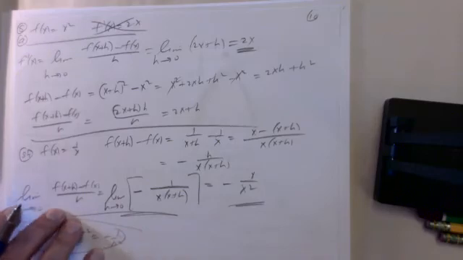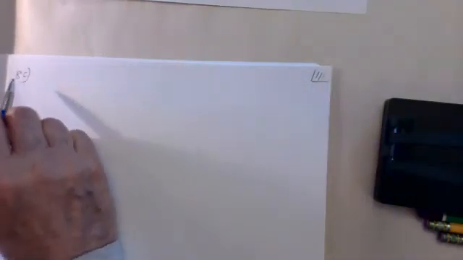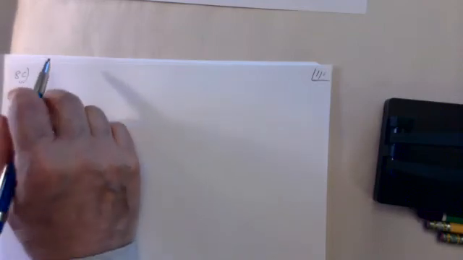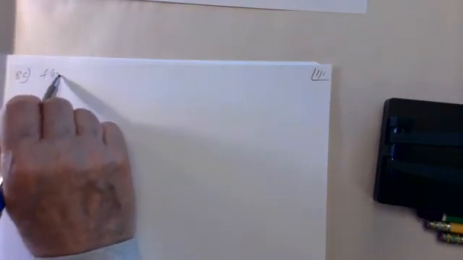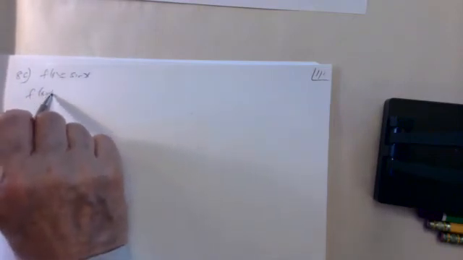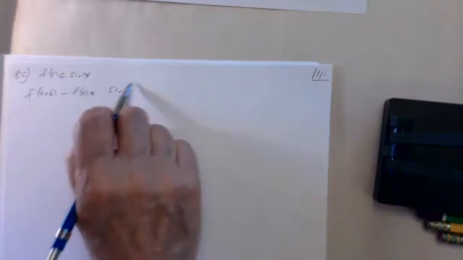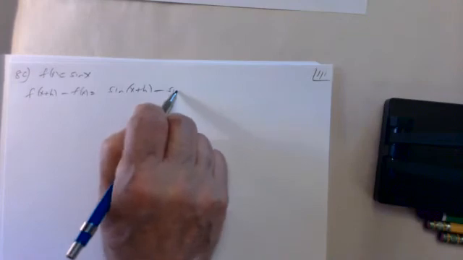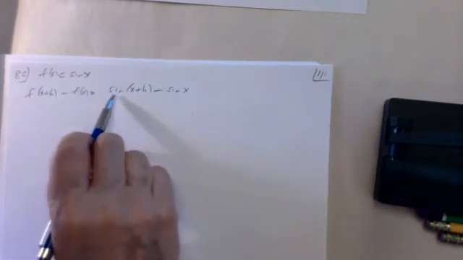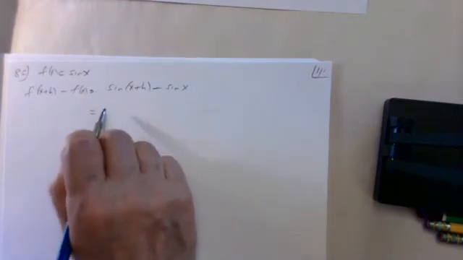And then the last part of problem 8 is to find the derivative of the sine. So f of x plus h minus f of x is the sine of x plus h minus the sine of x. So you can expand this using the addition formula for the sine.